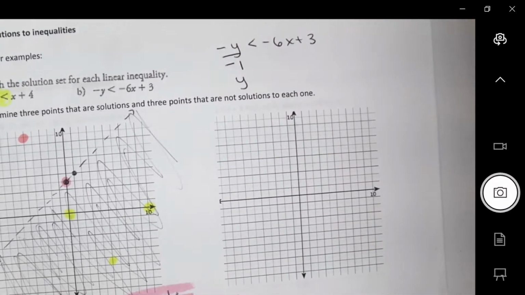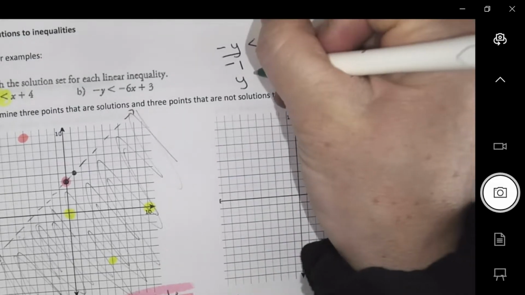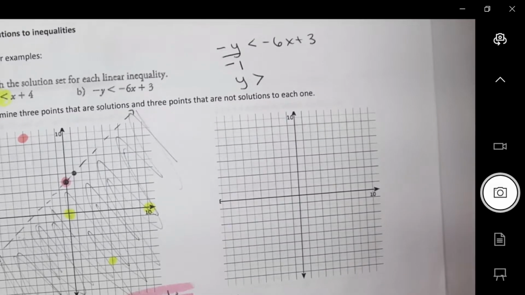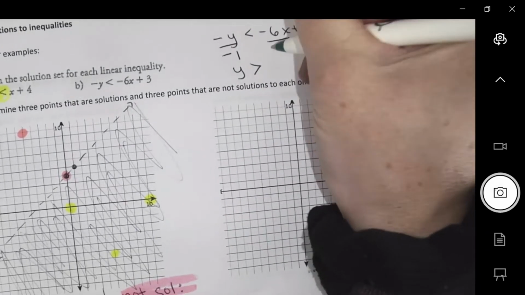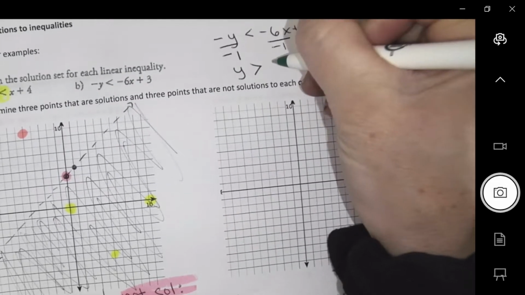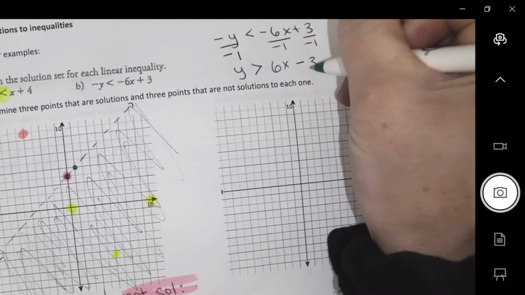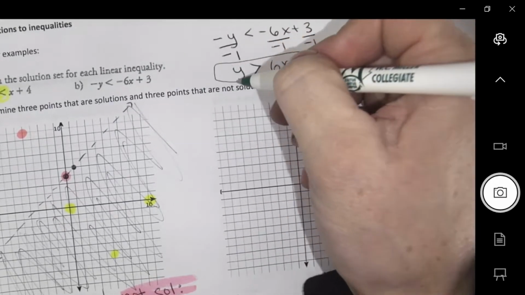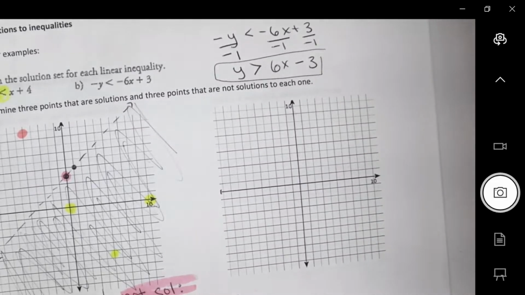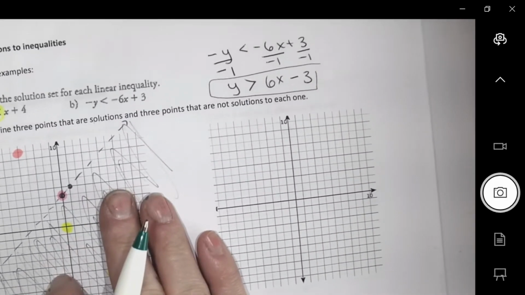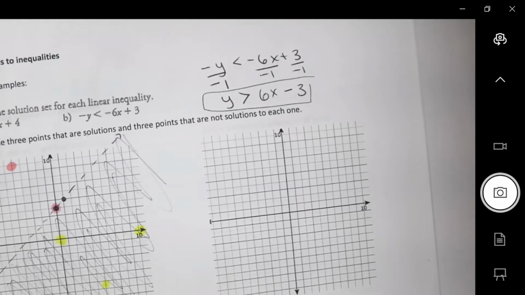Do you remember that crazy thing it did? It does something when you divide by negatives. The sign is going to flip. So now this is what I can put into my calculator.